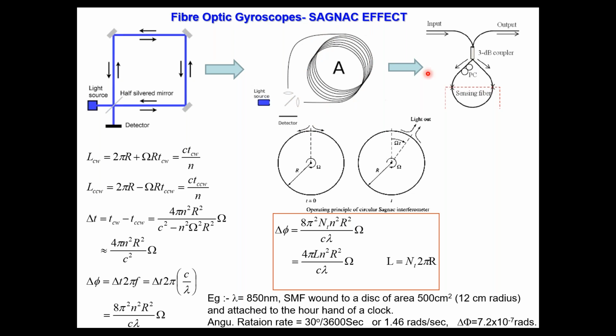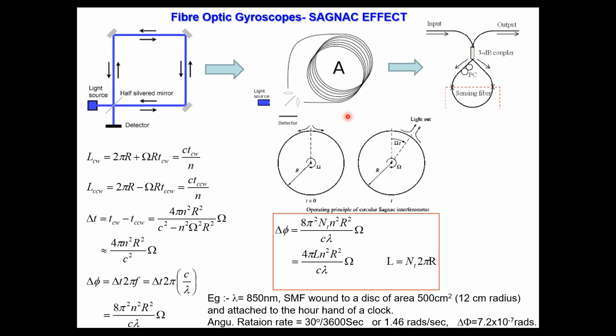You increase the fiber turns to 1,000, 10,000 turns, so that even a slight orientational difference or slight movement or a slight rotation of the entire platform is measurable.